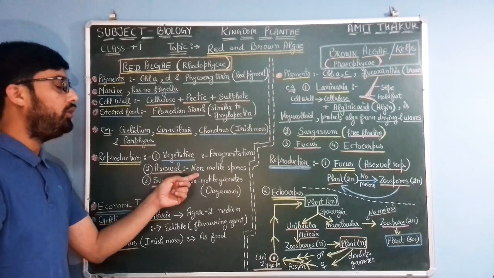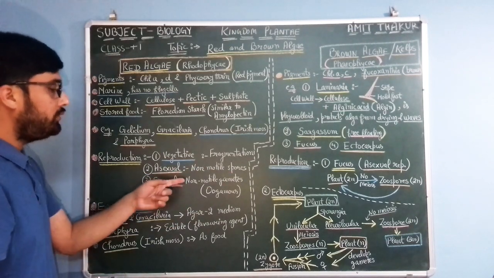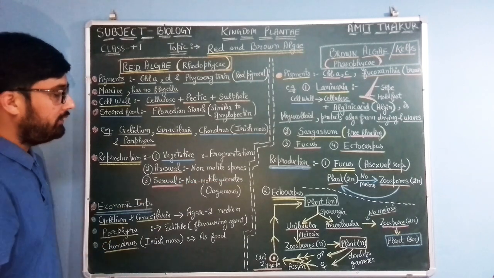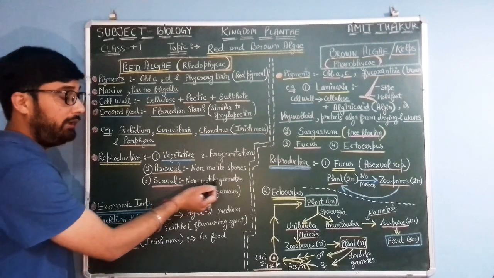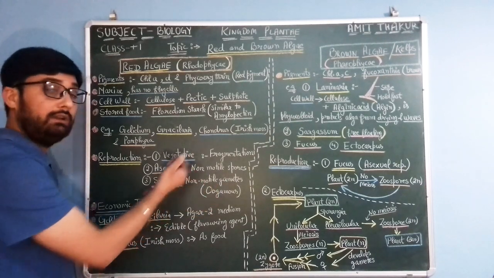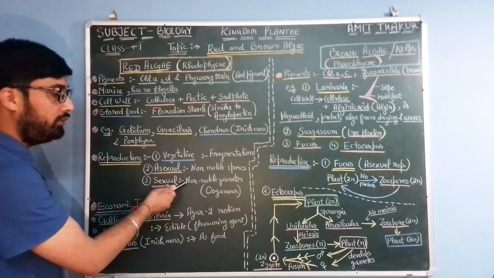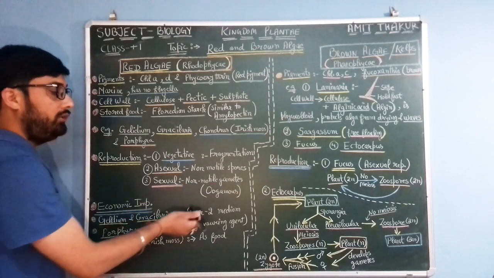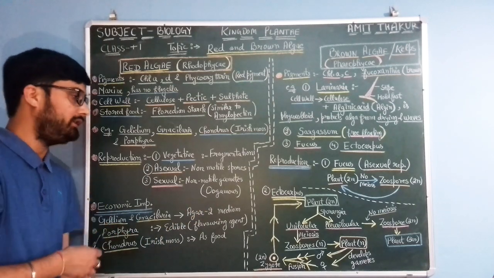Asexually via non-motile spores, and sexually via non-motile gametes. So you can see over here non-motile spores, non-motile gametes. Non-motile means they do not have any flagella, and sexual reproduction through non-motile gametes is the oogamous type of sexual reproduction.